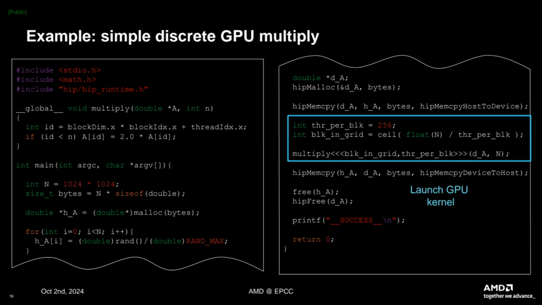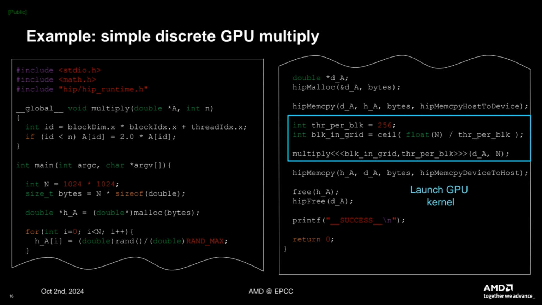So the next thing to do is to actually create the thread grid by specifying the number of threads per block and the number of blocks in the grid. This is a bit of a tricky point that is sometimes overlooked, but the important thing is that you have enough threads to do the computation that you need to do. So when you define your thread grid, you have to make sure that this happens.